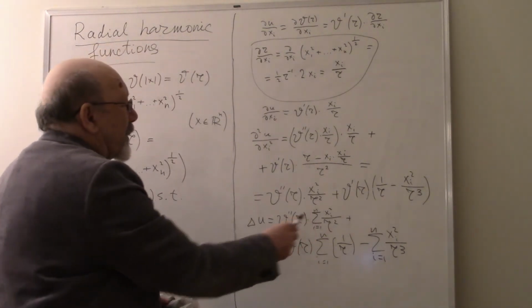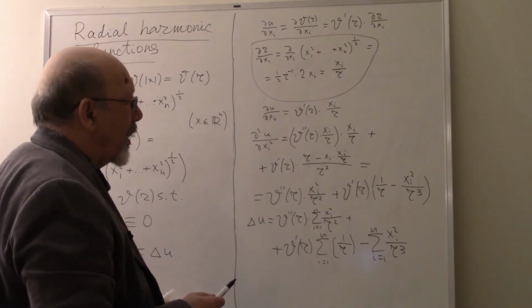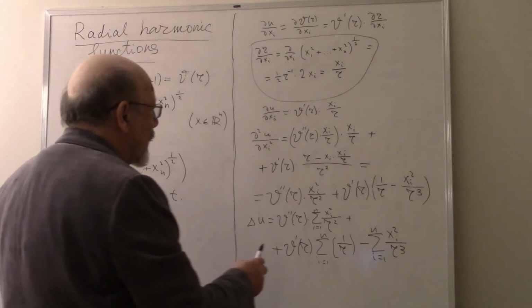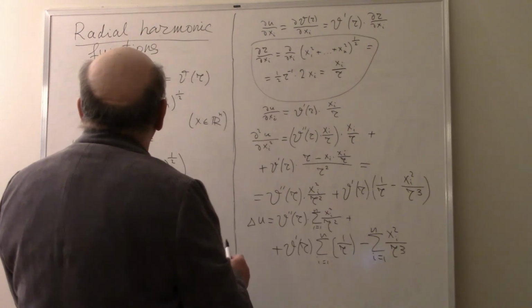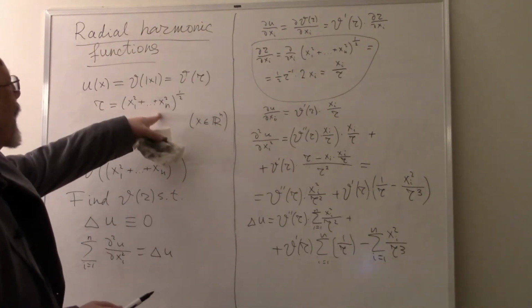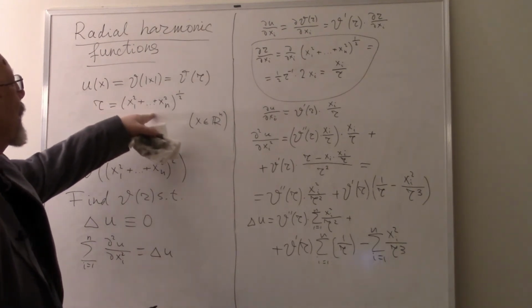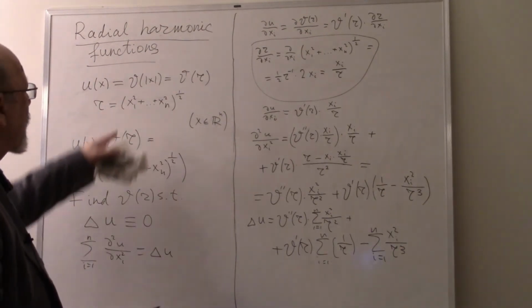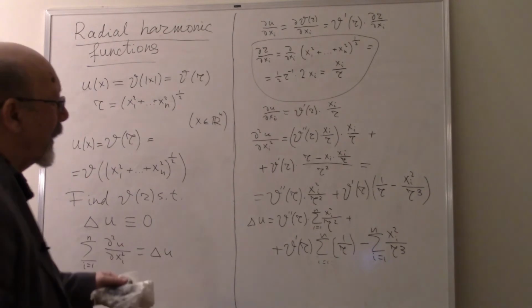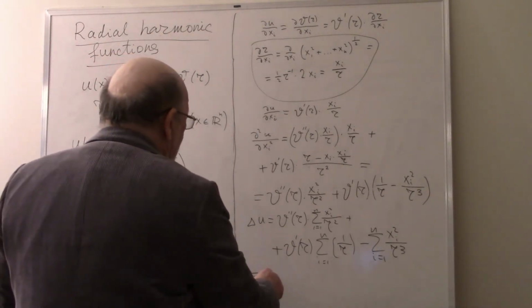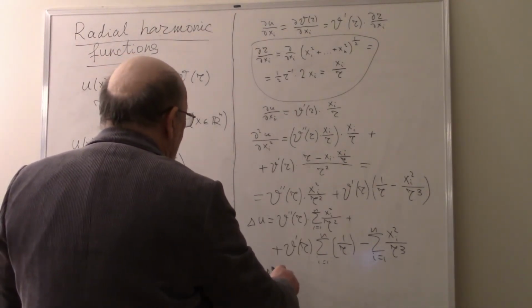Now, the sum of xi square is exactly r square. Yes? r is the square root of this sum, so r square is what is in the brackets: x1 square plus ... plus xn square. So it is equal to v double prime of r.